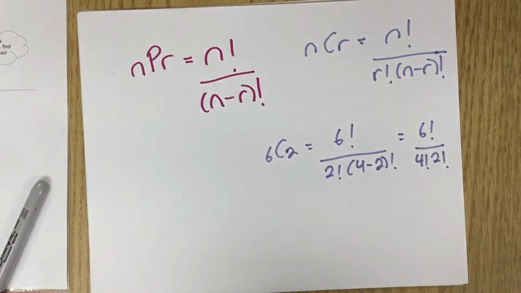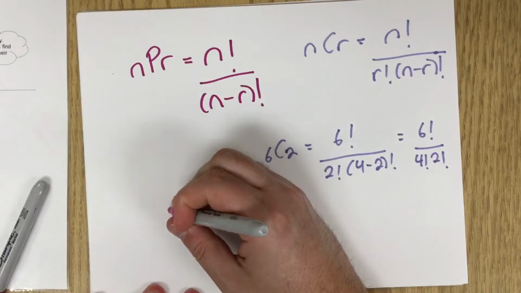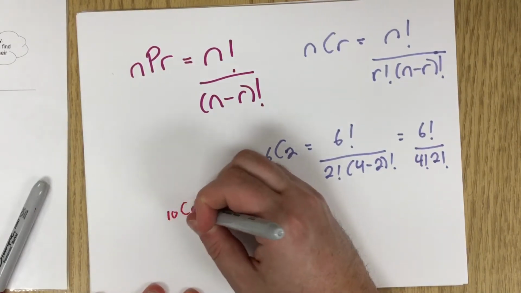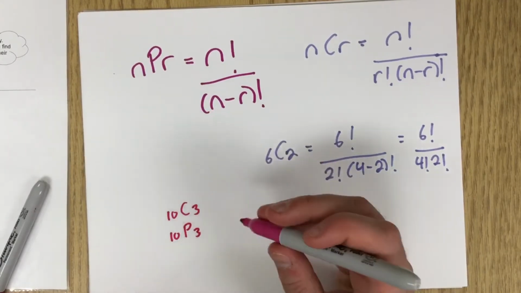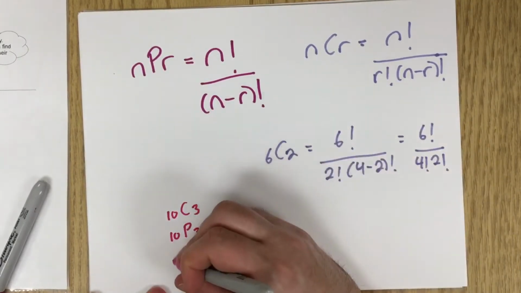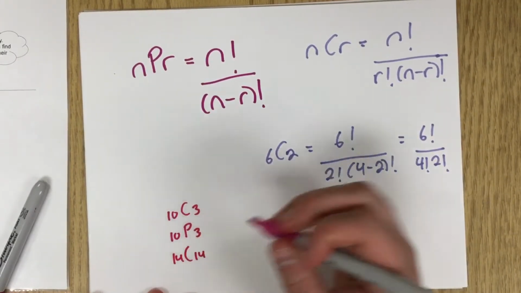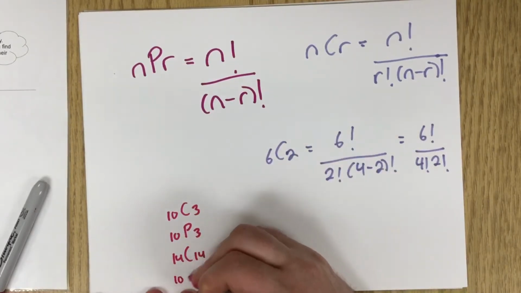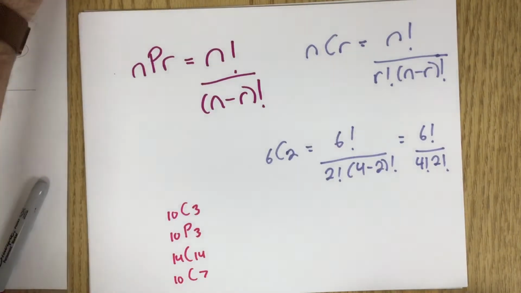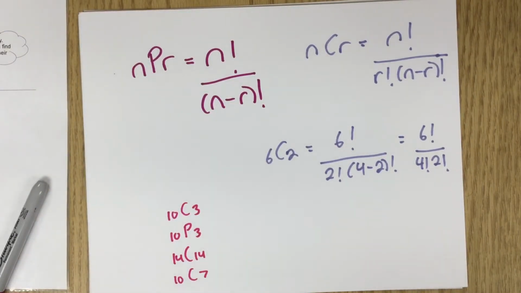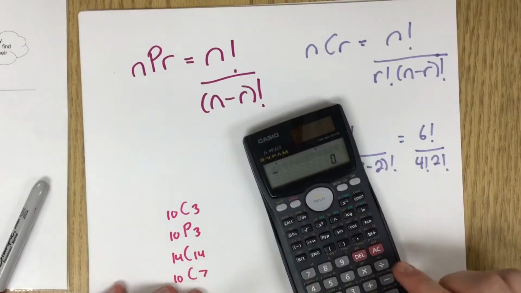So calculate these guys. What is 10 choose 3, 10 pick 3, 14 choose 14, 10 choose 7? So 10 choose 3 is, and everyone's calculator is going to be different.